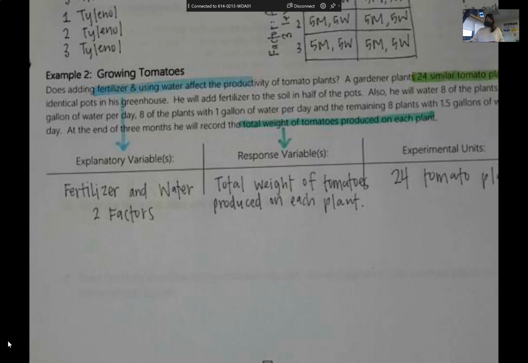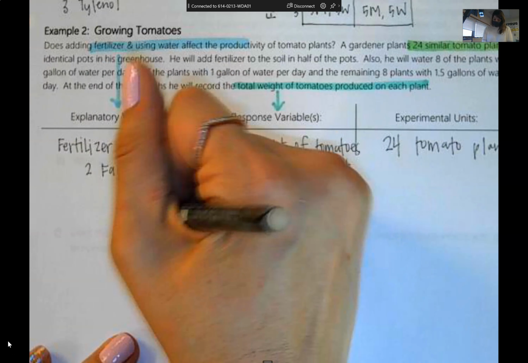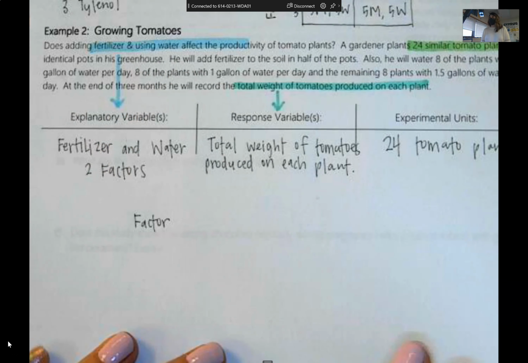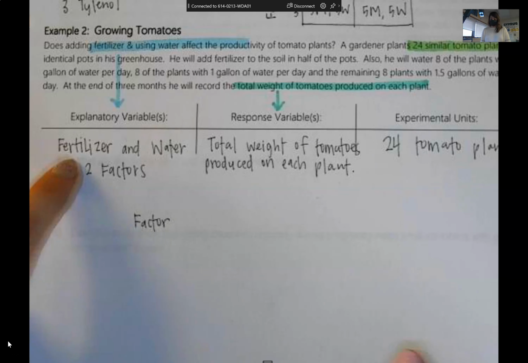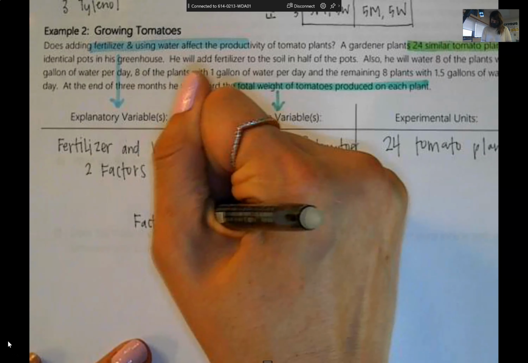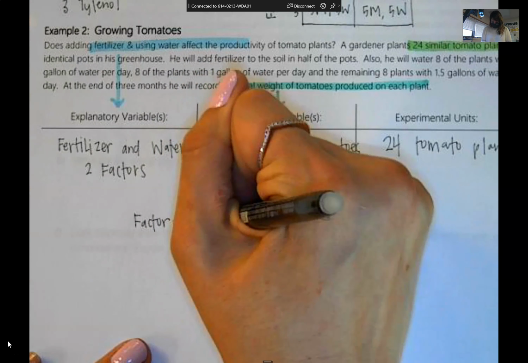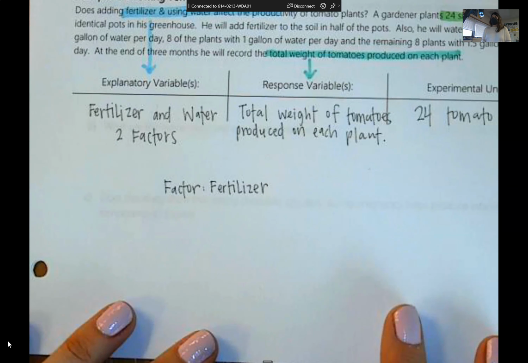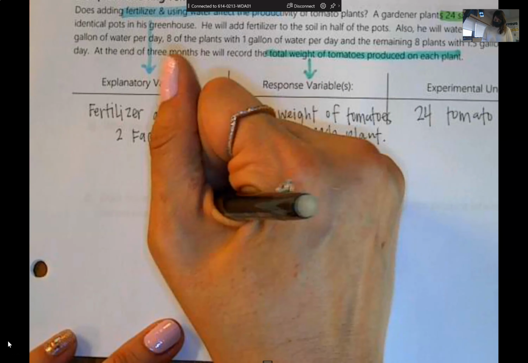So just like I did before, I'm going to start a table, and my top part will be one of the factors. It doesn't matter which one you write first, so I'm just going to do the fertilizer. And these ones are the harder ones for me to tell, but there are 2 levels.